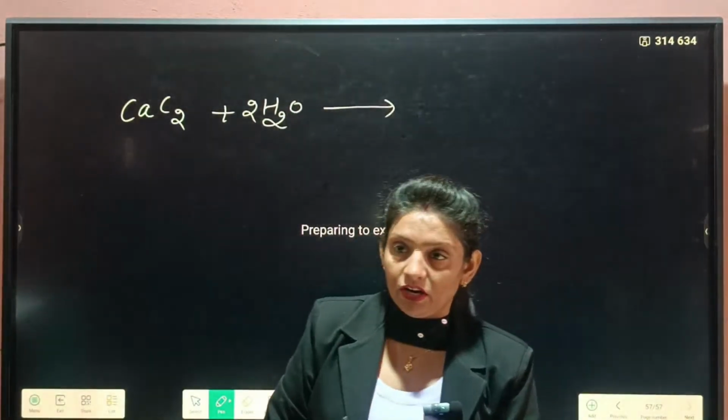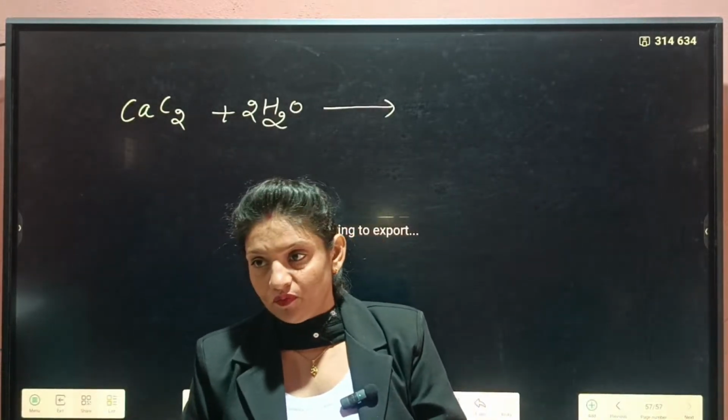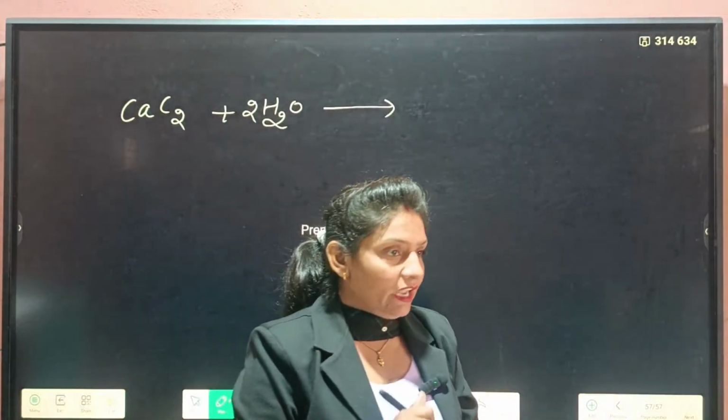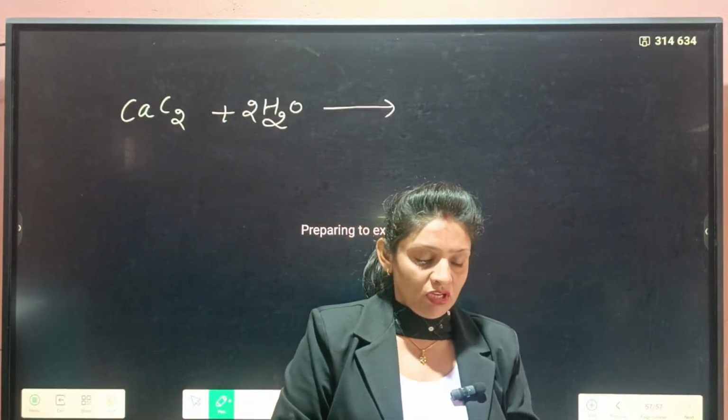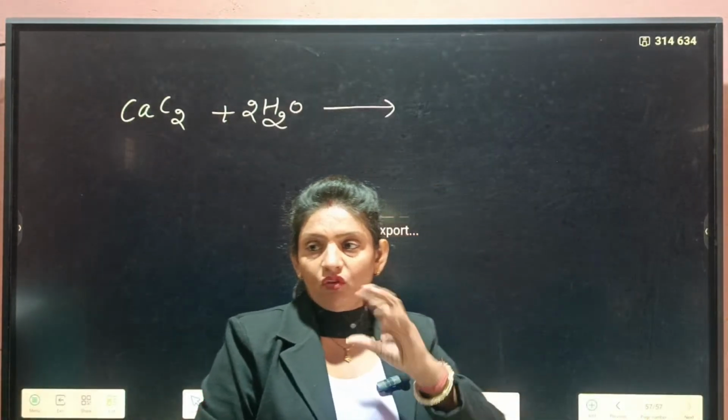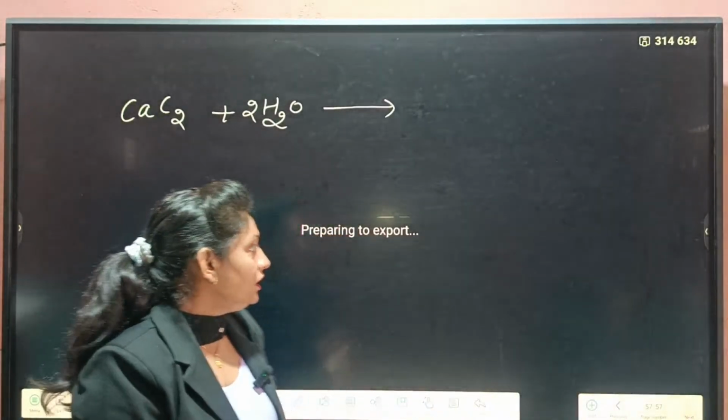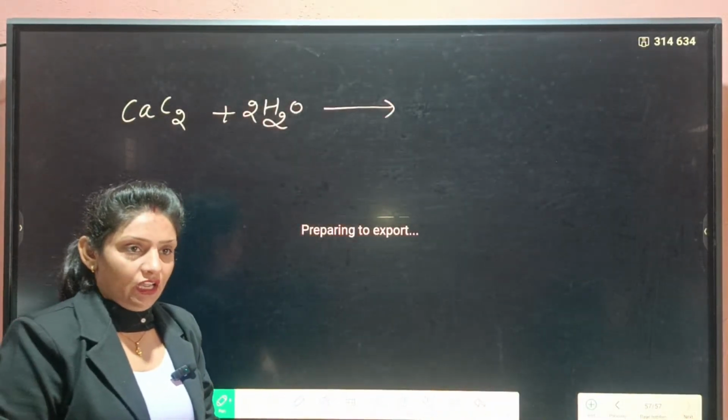CaO is quicklime. Calcium oxide is quicklime. And Ca(OH)2, that is the slaked lime. Means when we add some water in quicklime, then it converts into the slaked lime.